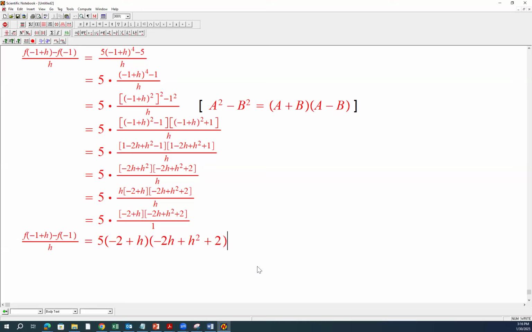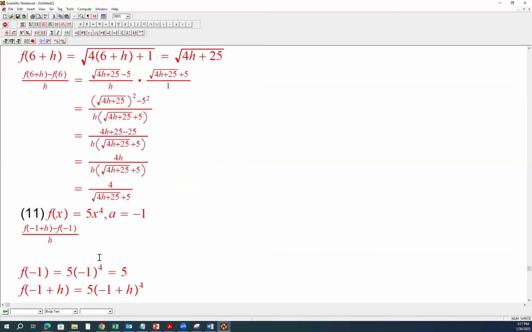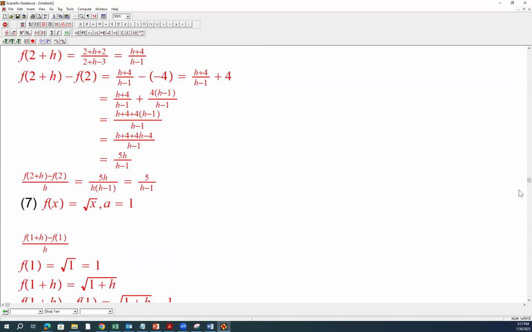So all of these questions, as you can see, this is actually the algebra in your calculus. Let's look back at what we've done.